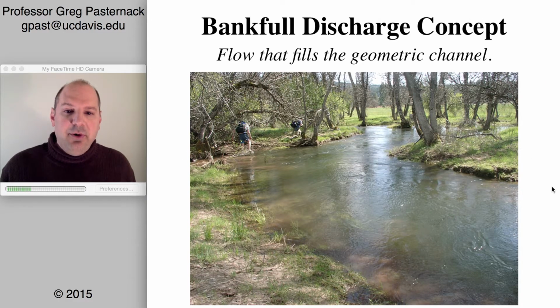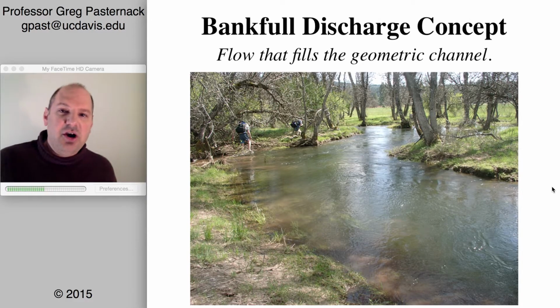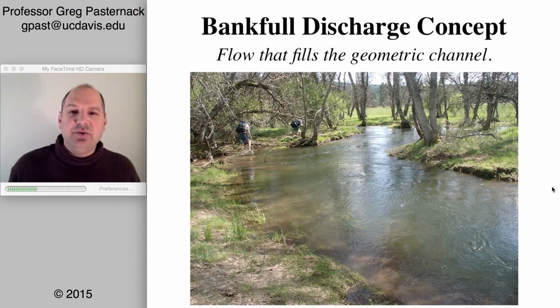And so some people think that that happens at bankfull discharge. There are cases of channels where that would be the case, but I would say that it isn't necessarily the rule, and especially in semi-arid and arid climates, and especially with coarser bed material, that just isn't realistic. But it is something that is commonly used in the river restoration community.